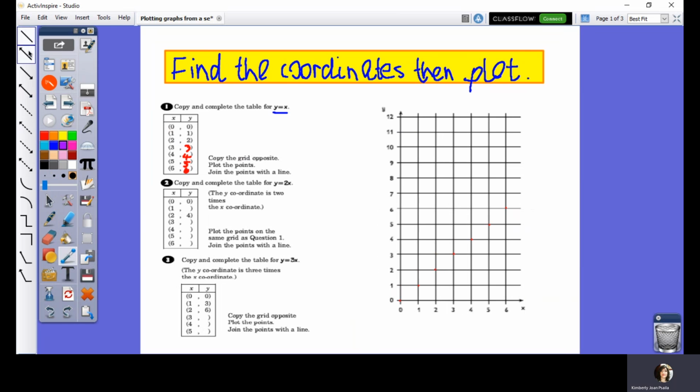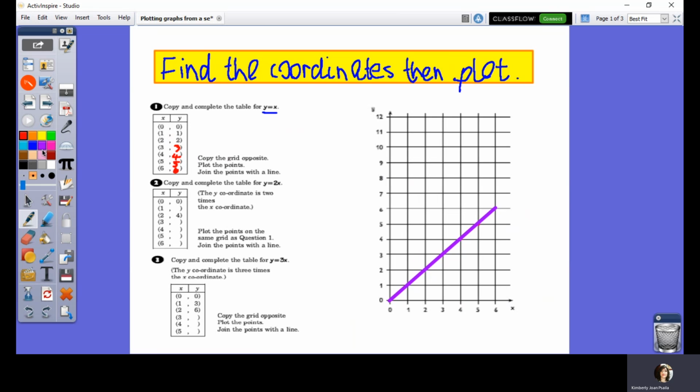When you are ready, you have to join your points, and you should have this line. When you have finished plotting the points and joining the line, always write down the equation of your line next to it. So here we have y equals x. This is our line.